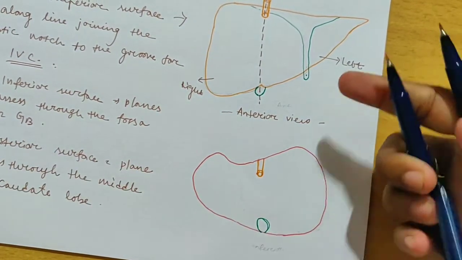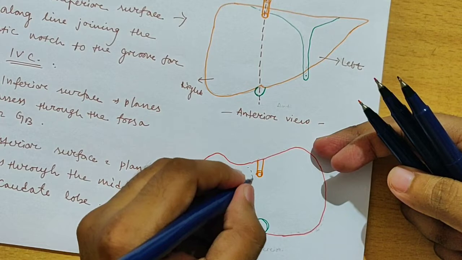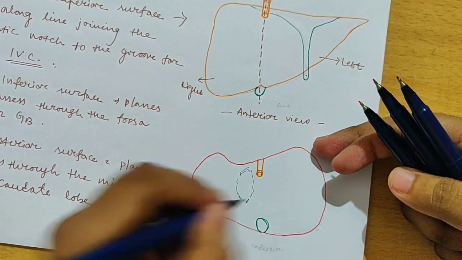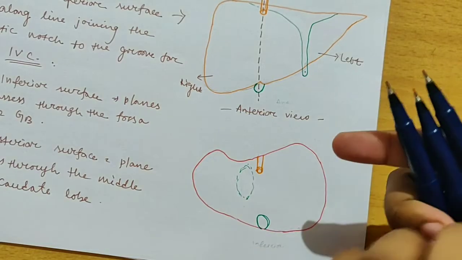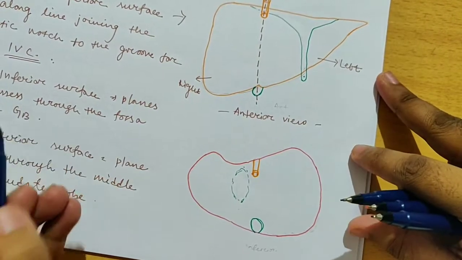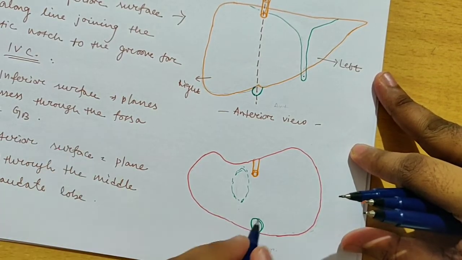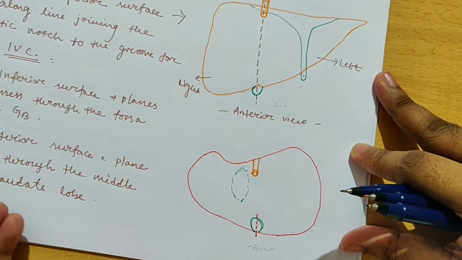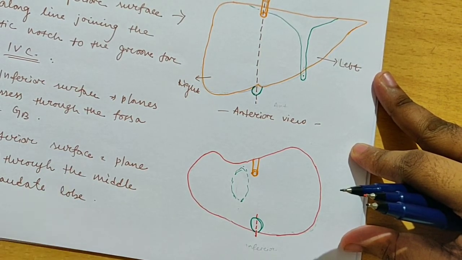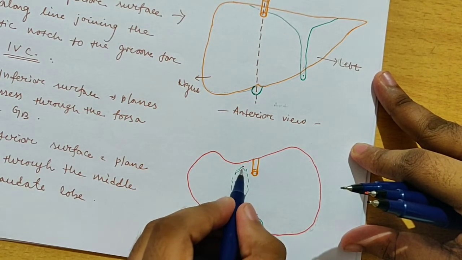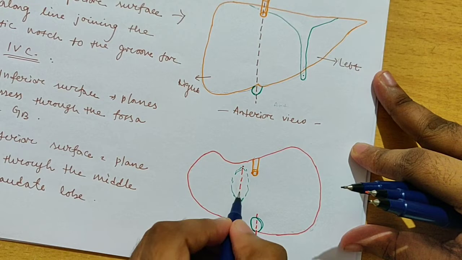And as we know, somewhere here the caudate lobe is present on the posterior surface. And the third point says, on the posterior surface, the plane passes through the middle of the caudate lobe.